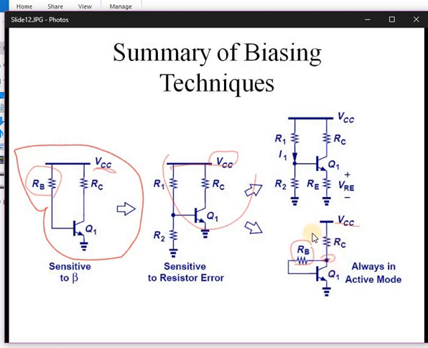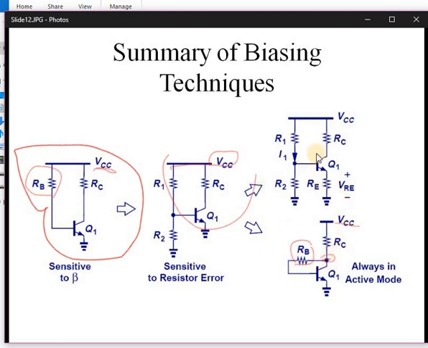Due to that, it reduces some amount of the stability factor. But this one is always in active mode, that is the collector to base bias circuit.